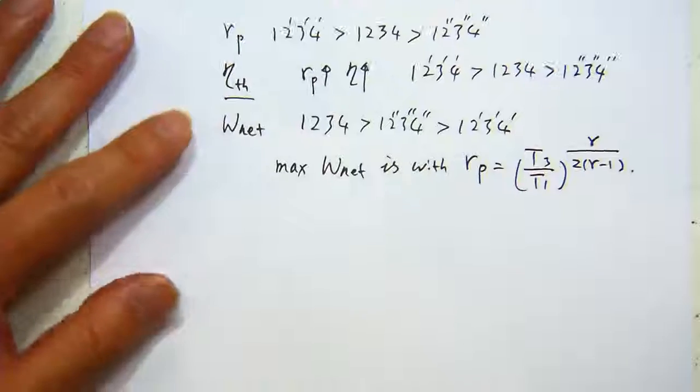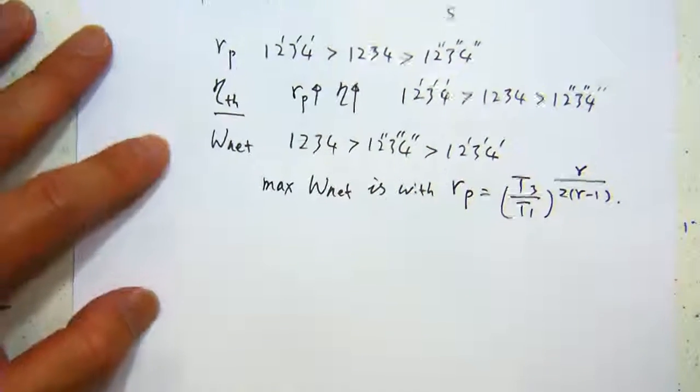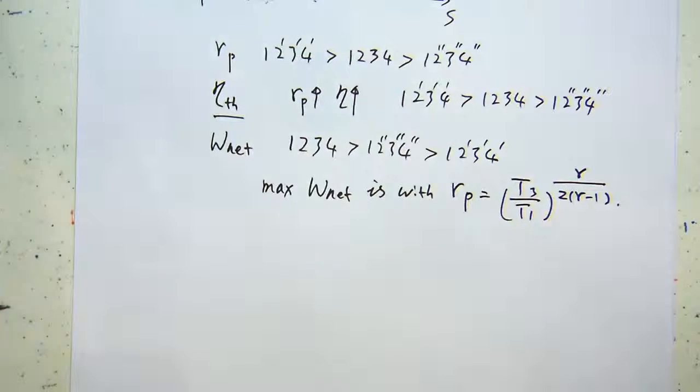And another thing you want to be aware of: if you really are after high efficiency, it's not saying it's economical or wise to design a system with a super high pressure ratio.